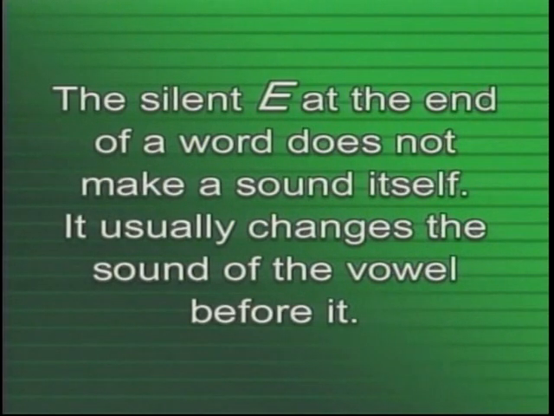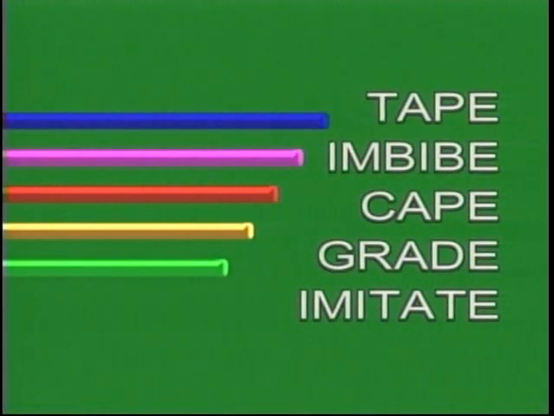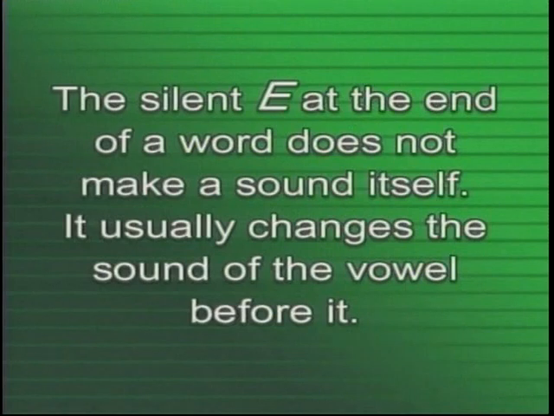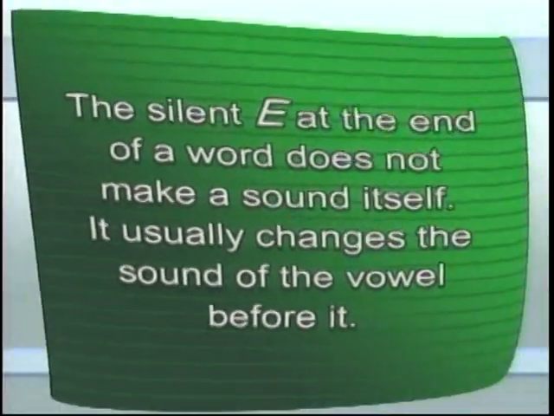Don't forget this. Look at these words. What do you see? Right. All of these words end in E. What does our rule say? Correct. The silent E at the end of a word does not make a sound itself, but usually changes the sound of the vowel before it.